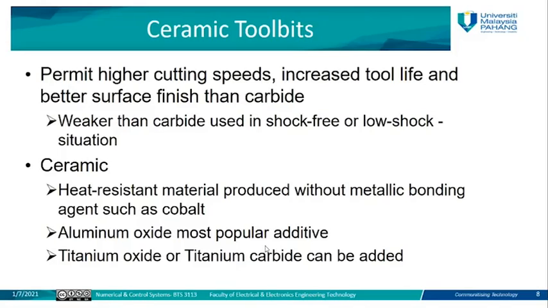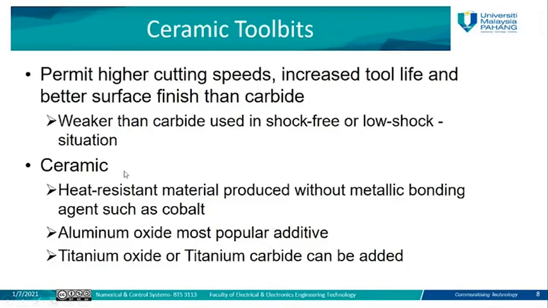Are you going to work with wood, aluminum, copper, plastic or PVC, and so on? Depending on the material you are going to cut, you select the suitable tool with the suitable speed and hardness.